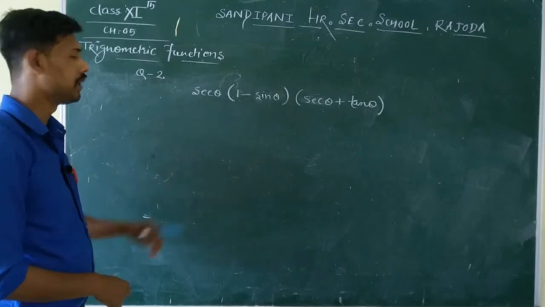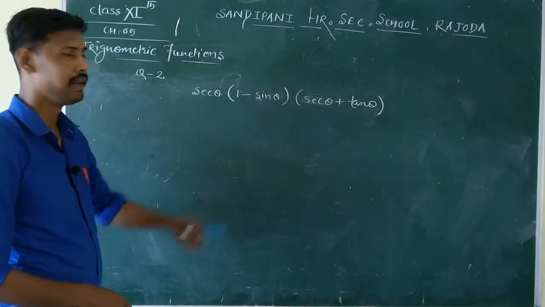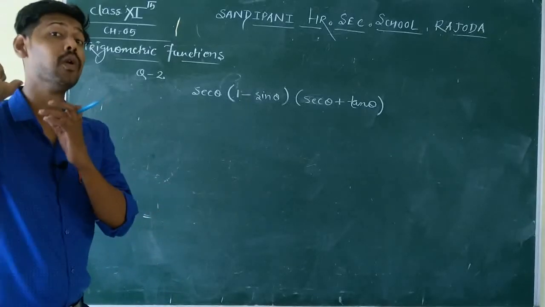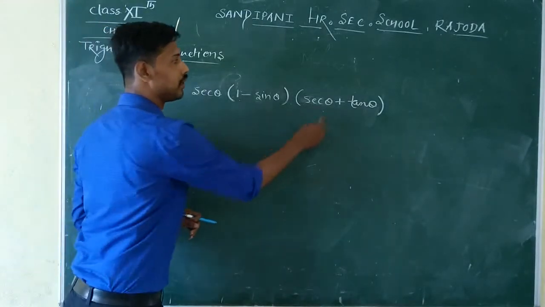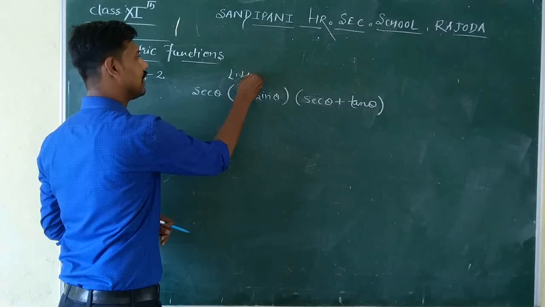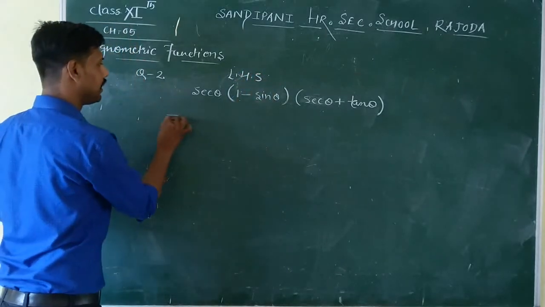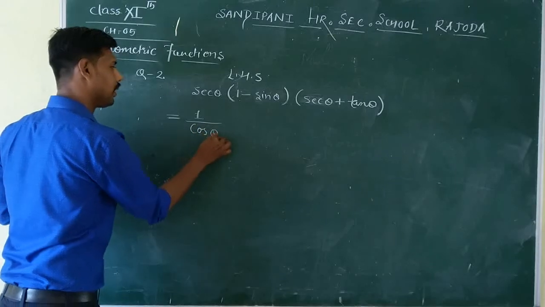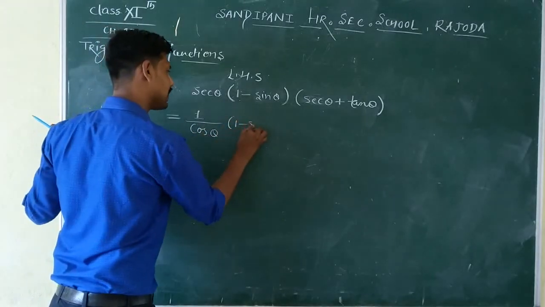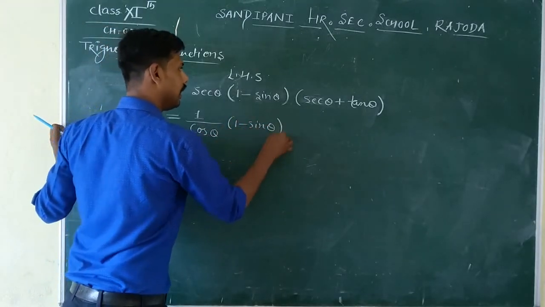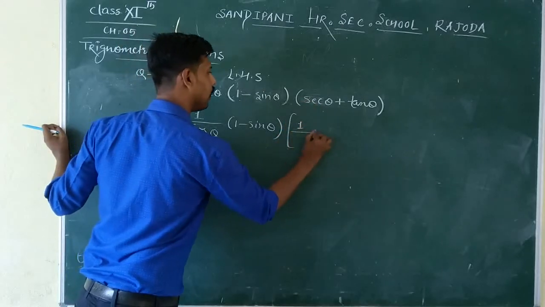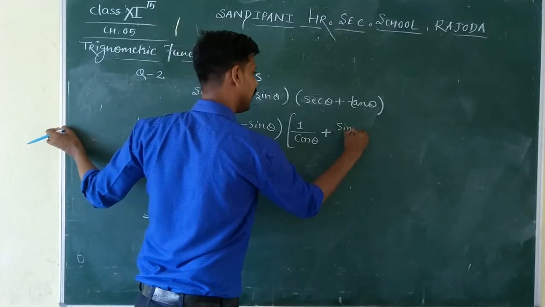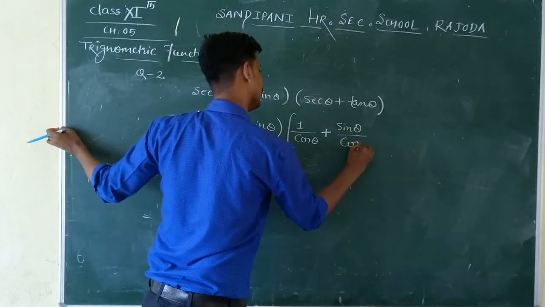Student, question number second, we have to prove sec theta into bracket 1 minus sin theta into bracket sec theta plus tan theta will be equal to 1. I take LHS. What is the meaning of sec theta? Sec theta is equivalent to 1 by cos theta, so sec theta times 1 minus sin theta, then sec theta plus tan theta, where tan theta equals sin theta by cos theta.